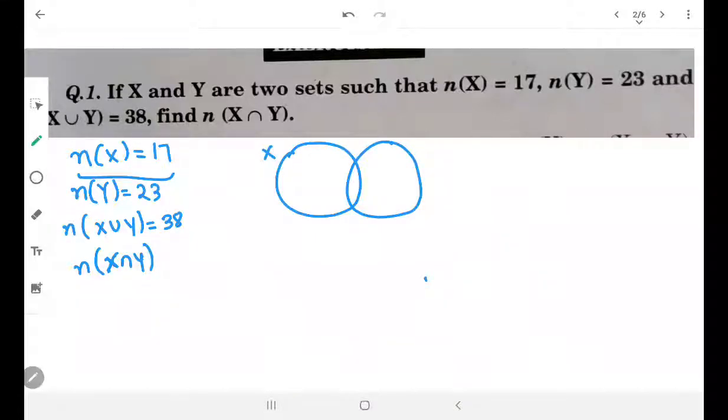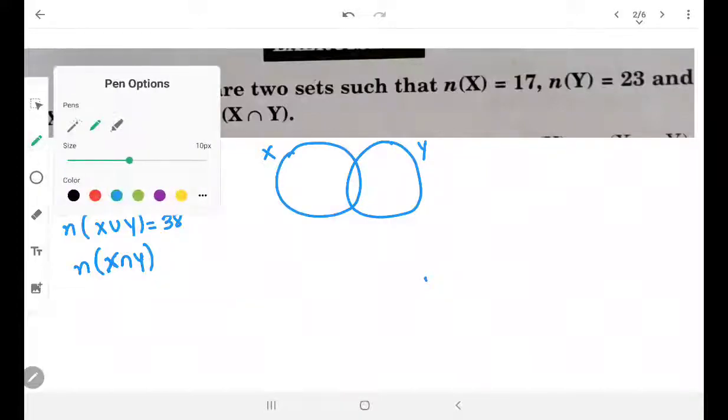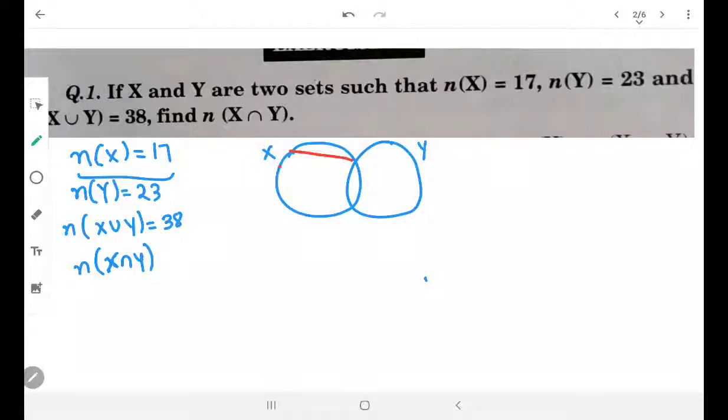So this is x and this is y. n of x means, if I use different colors, all of these, so that means this common part is also included there. Why am I making it this way? Because they have asked you to find n of x intersection y, so let's assume that there are some common elements. So n of x means this.